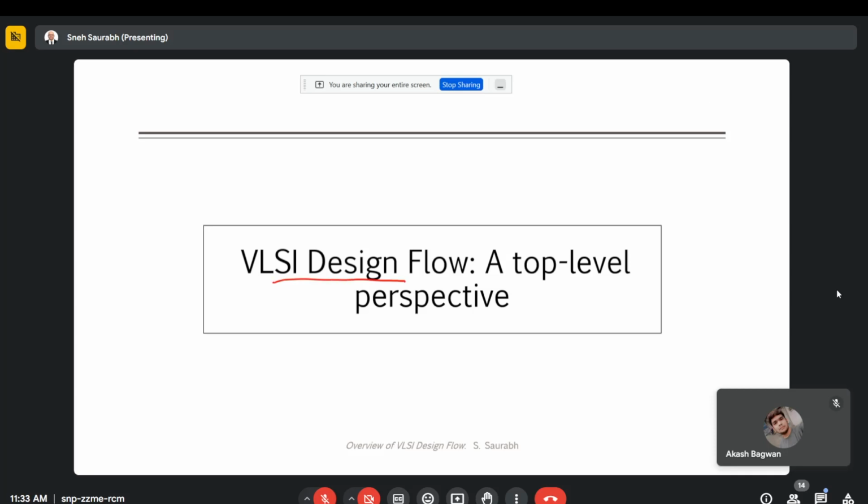What is the VLSI design flow? I think that someone has turned on their mic. Can you please turn it off because a lot of noise is coming out.